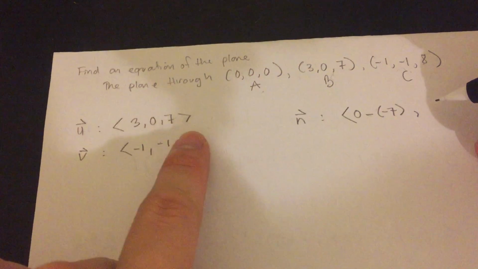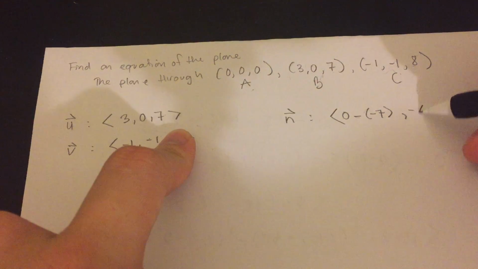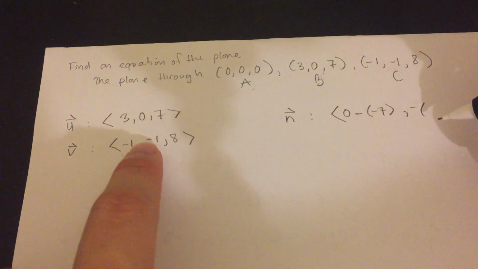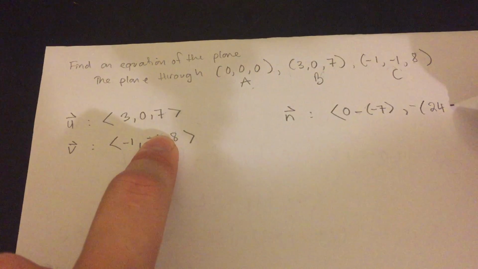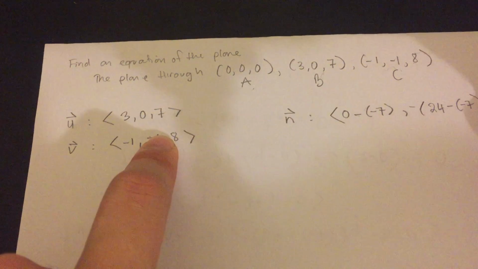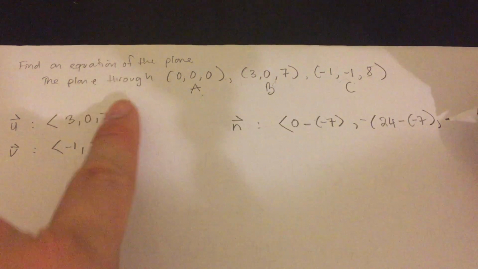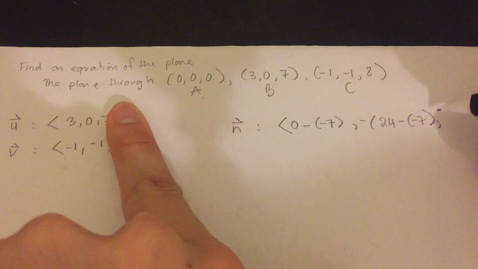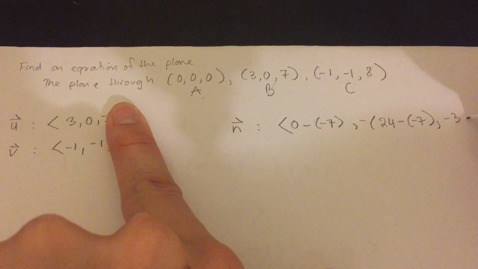Same thing, but this time for j. j is always negative, so always have a negative outside before you do the operation inside. So you have 3 multiplied by 8, 24, subtract -7. For the k, same thing as the i, -3, subtract 0.